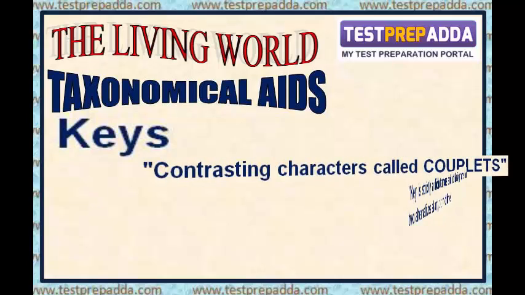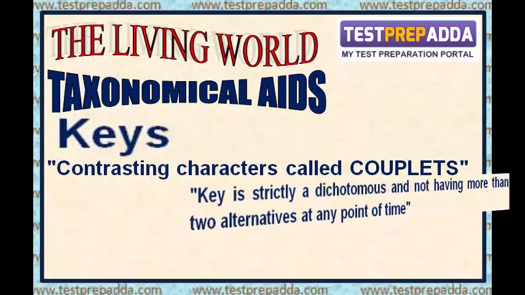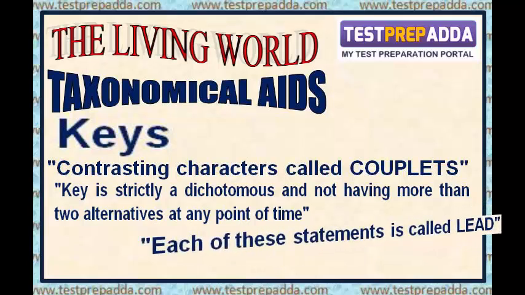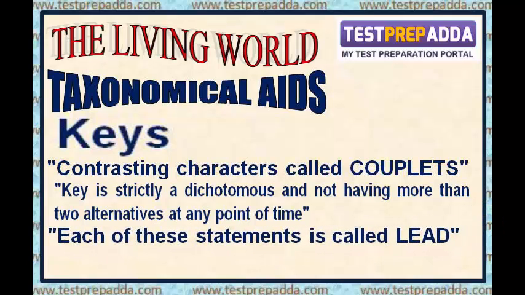Keys are based on a set of contrasting characters called couplets. Each of these statements is called a lead. A key helps in identification and classification of organisms.